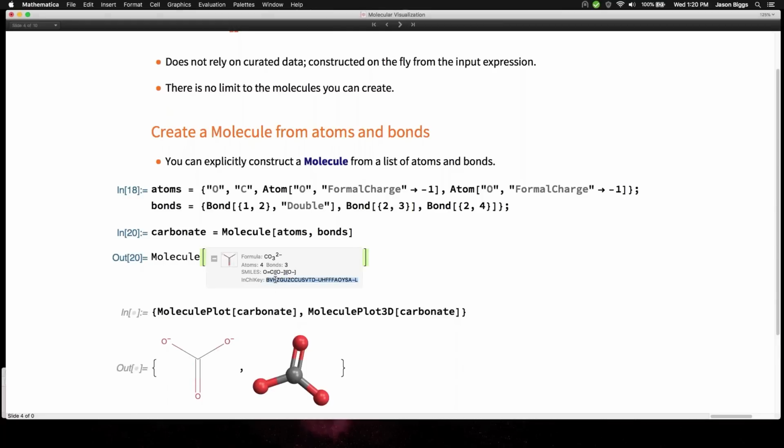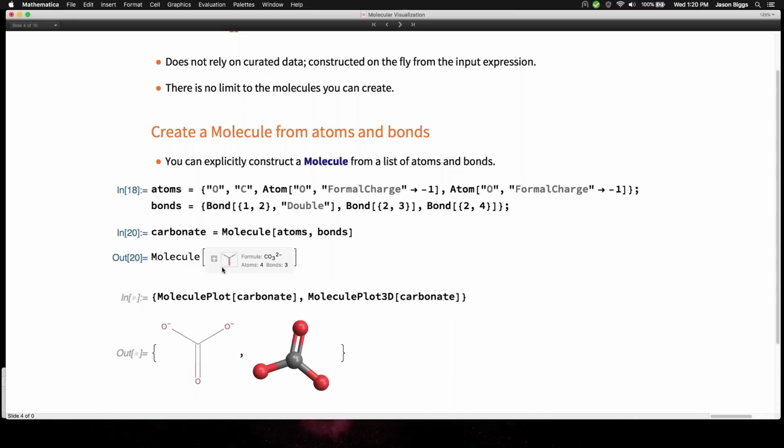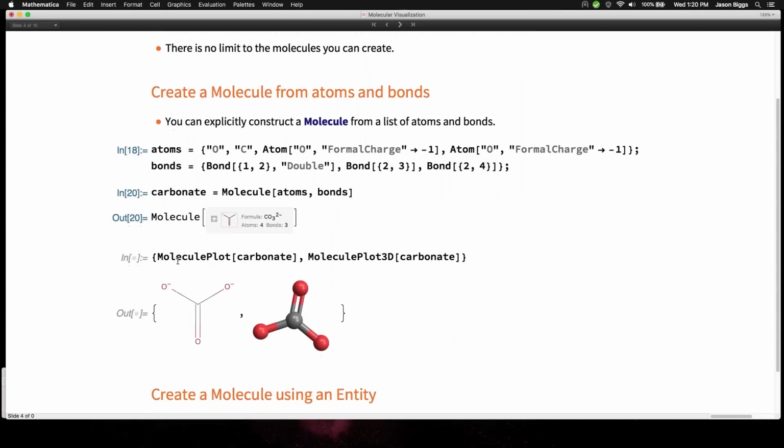This is the InChIKey. It's like a molecule hash. If you take the InChIKey, you can Google it, and there should only be one molecule that generates this InChIKey. So you could find information about the carbonate if you Google that. Once you create it, you can plot it in 2D or 3D. In both cases, we're generating these coordinates on the fly, not making a knowledge base call.